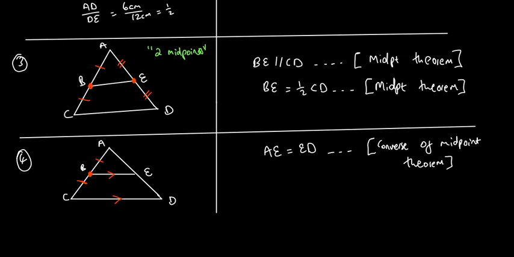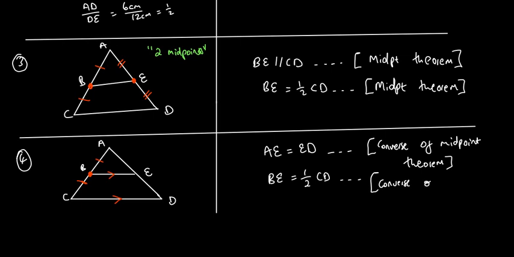And then you also conclude to say, I said AE should be equal to ED if you have the following situation. Also you can conclude to say BE will be half of CD. Still you say converse of midpoint theorem.